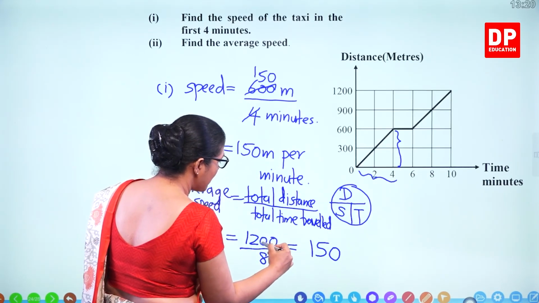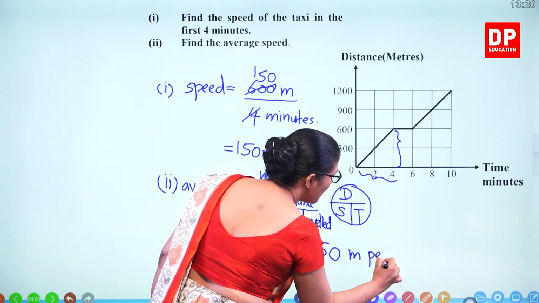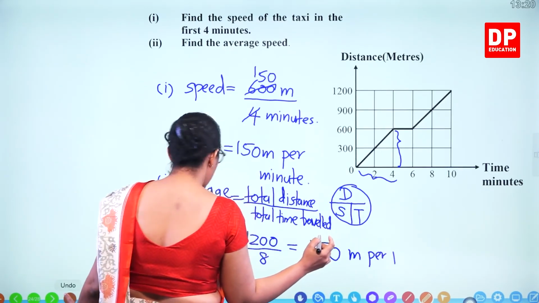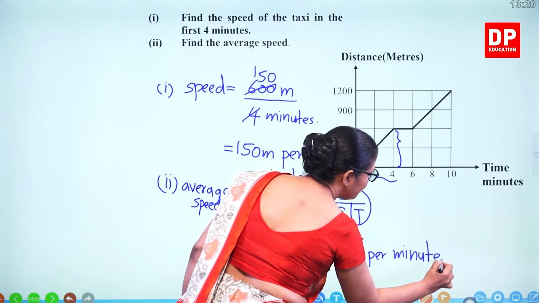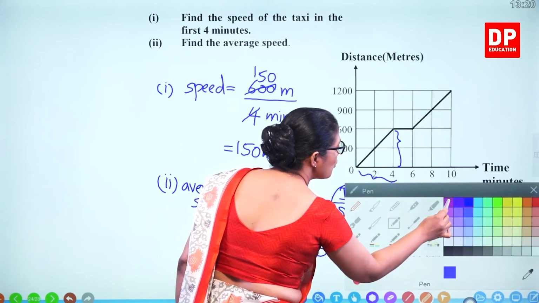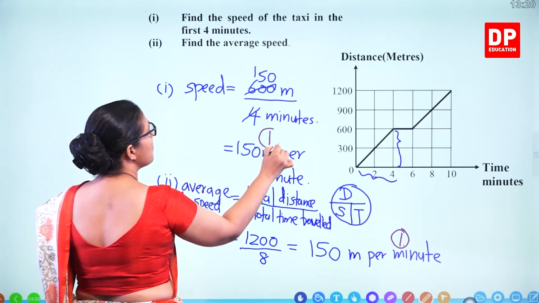For 40, that's 5. So 150 meters per minute, the same speed as before. So you get 2 marks, 1 mark here and 1 mark for this step.